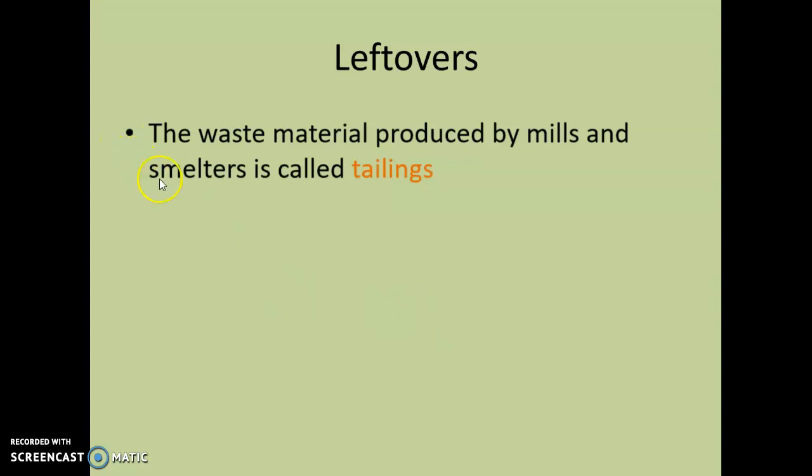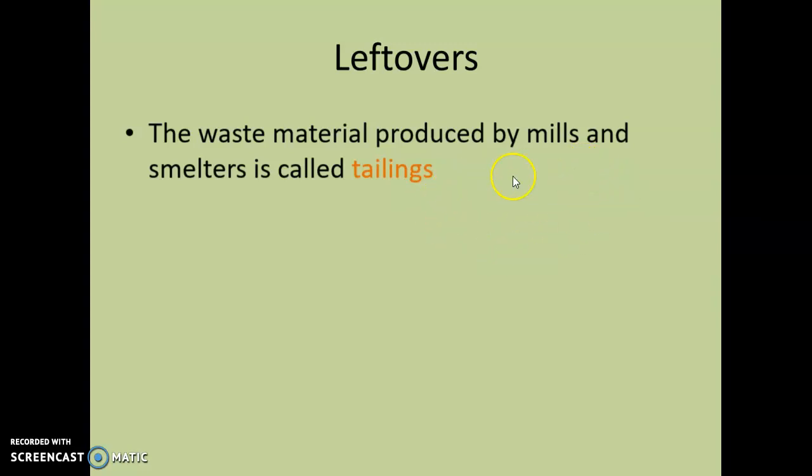The stuff that comes out of smelters is hot. Because the heat will have changed some of the compounds, some of it can become quite dangerous, and so they put all of this stuff into ponds to cool. So they build ponds called tailing ponds, and they drain the tailings into there.